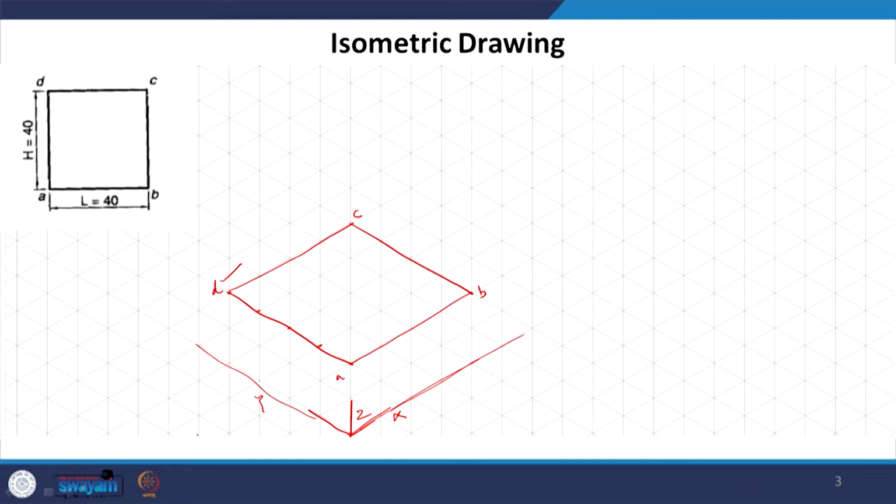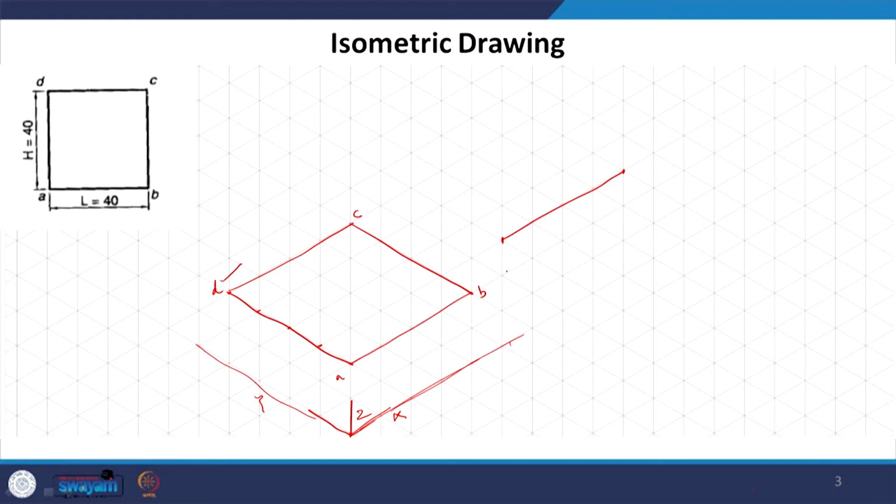Let us assume another condition. What if it is perpendicular to the xy plane and in such a manner that the plane is parallel to xz? That is one condition. So I take another, it is parallel to xz.